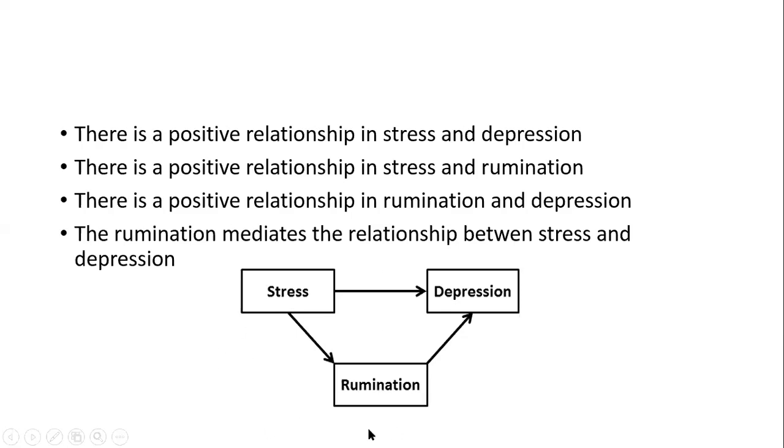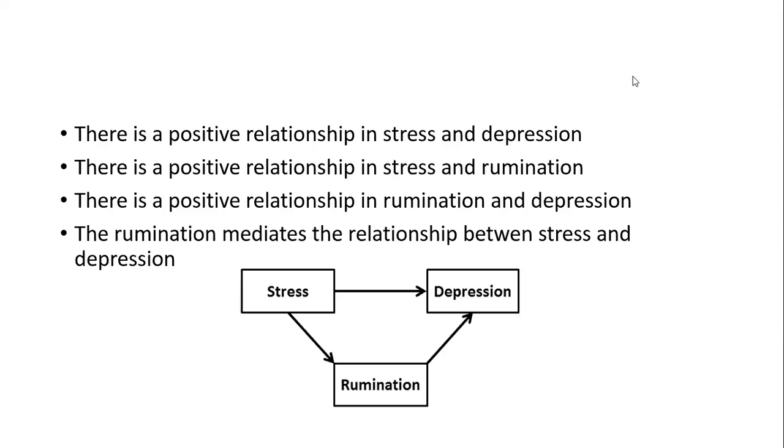Now let's define its hypothesis. The first hypothesis will be stress and depression. Second will be of stress and rumination, and the third will be of the relationship of rumination and depression.